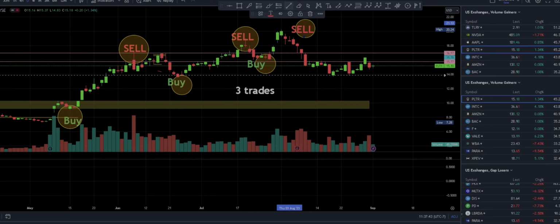Let's see if we can do this by using one indicator that alerts us when we should get in and out. So go to your indicators on TradingView.